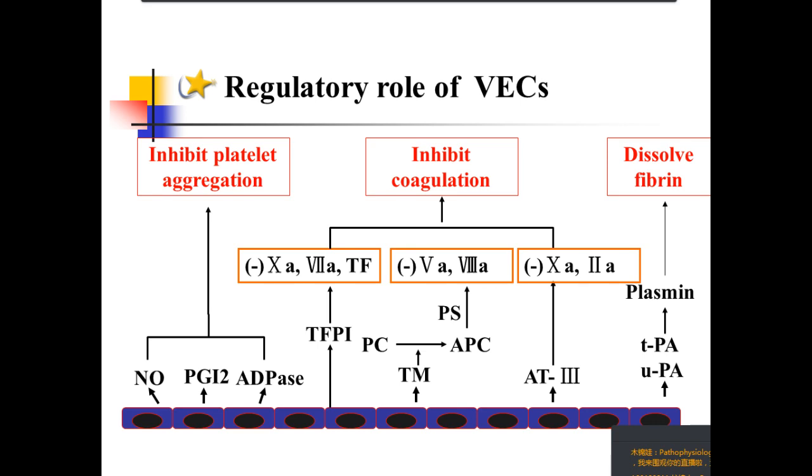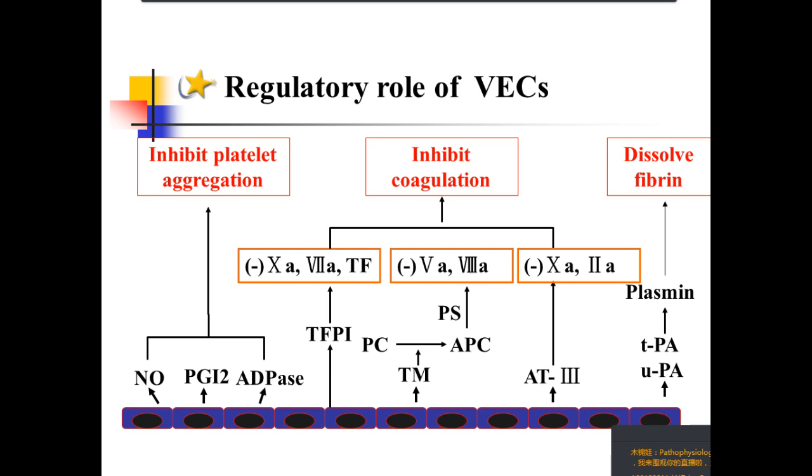Now, from the anticoagulation system, we know normal VEC can release TFPI, TM, and antithrombin 3. Now, the TFPI function, remember?